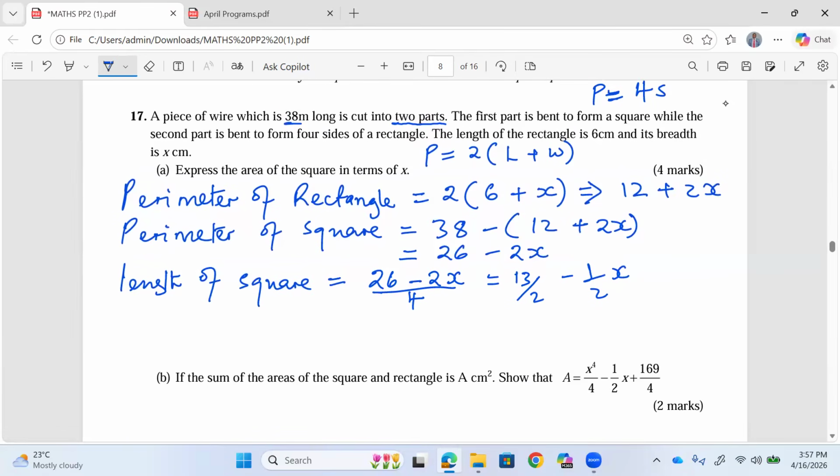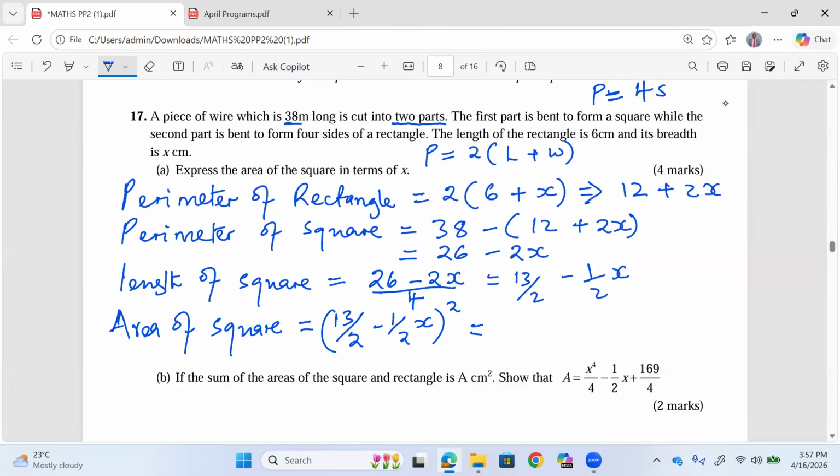Meaning that to find the area now of the square, area of square shall be given by one side squared. So 13 over 2 minus half x, then we square. Those who know the quadratic identities, they can open this one without having to go through the long method.